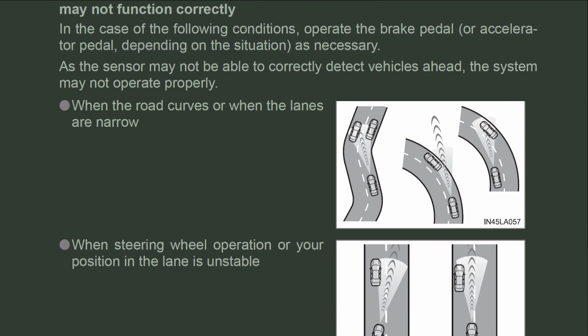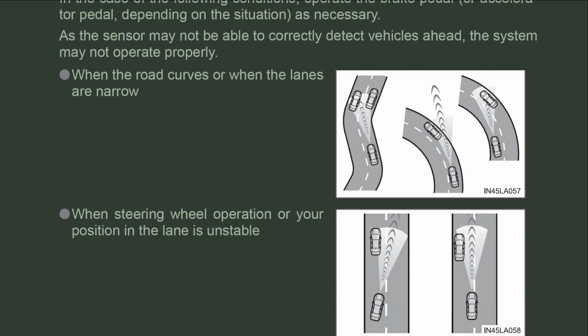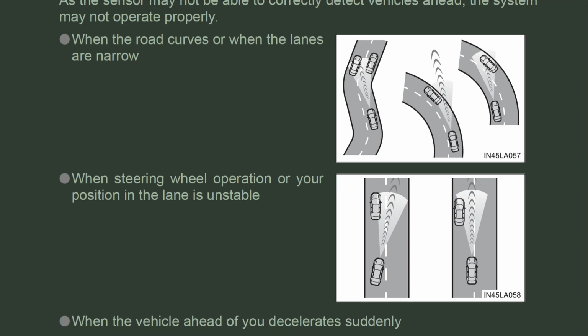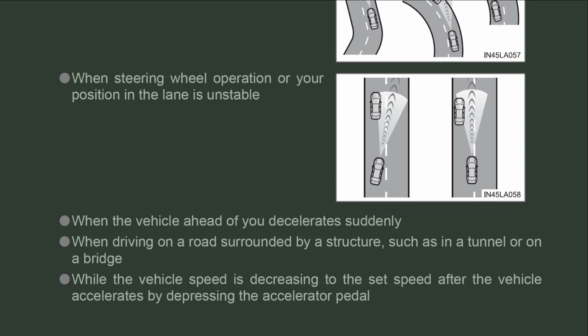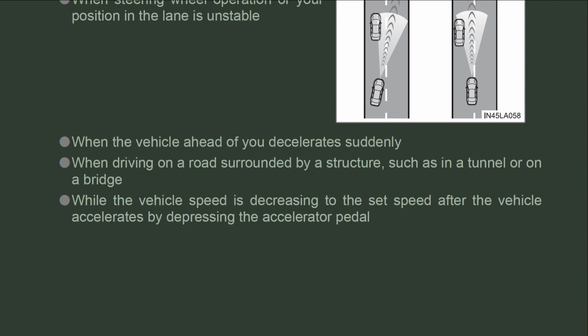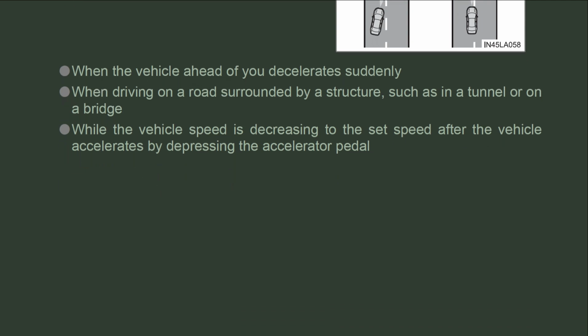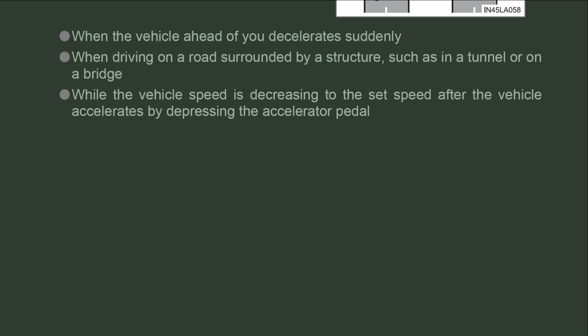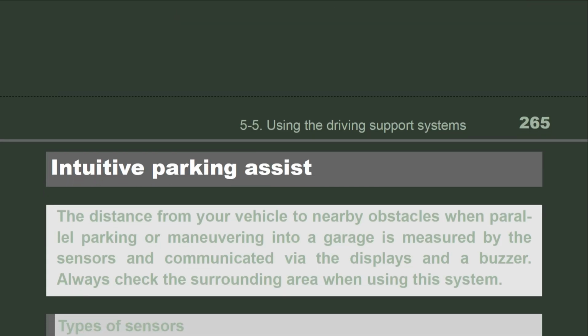When the road curves or when the lanes are narrow. When steering wheel operation or your position in the lane is unstable. When the vehicle ahead of you decelerates suddenly. When driving on a road surrounded by a structure, such as in a tunnel or on a bridge. While the vehicle speed is decreasing to the set speed after the vehicle accelerates by depressing the accelerator pedal.